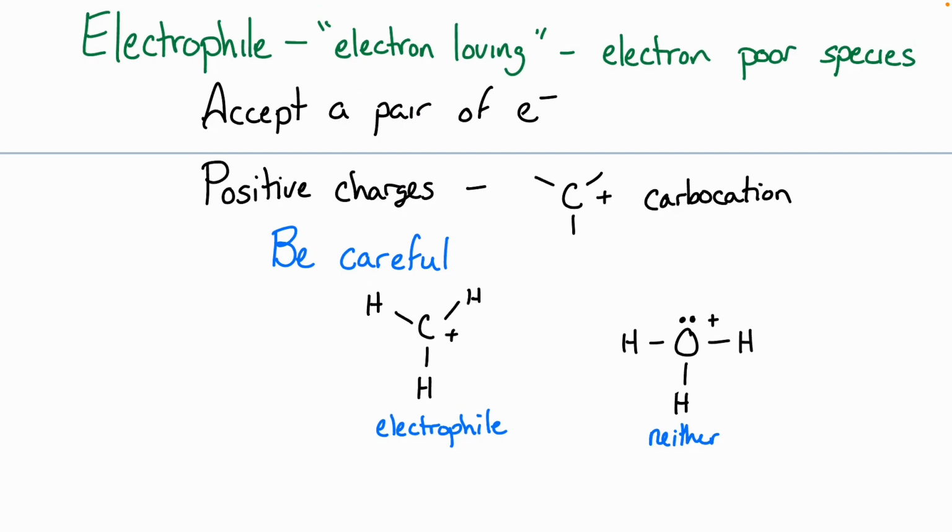Can you add another pair of electrons to that molecule right there? No, not without breaking the octet rule, right? So yes, it has a positive charge, but it cannot accept electrons. So again, it's going to be neither a nucleophile or an electrophile.